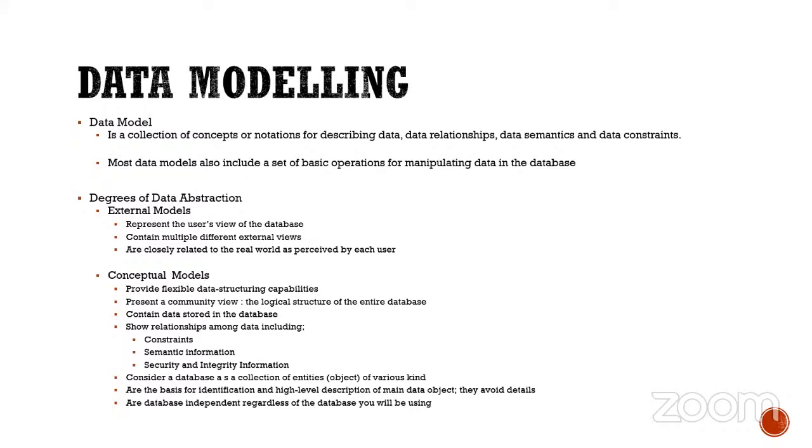One of these themes is the external models. Under external models, you are representing the user's view of the database. Remember, you are creating data. You are creating a map of the School of Environmental Studies. As a result, you want to know what the end user wants to see. As an end user, what do you want to see?